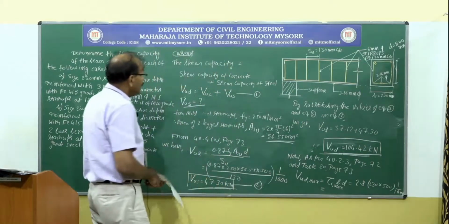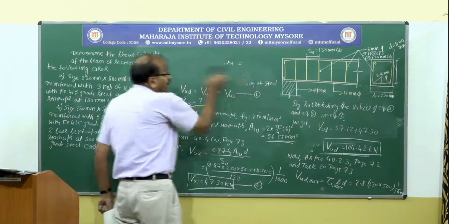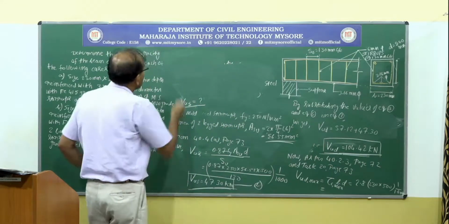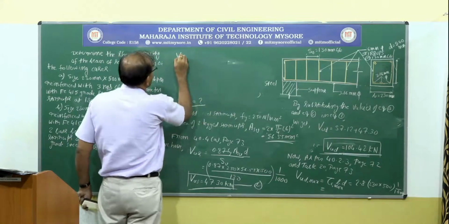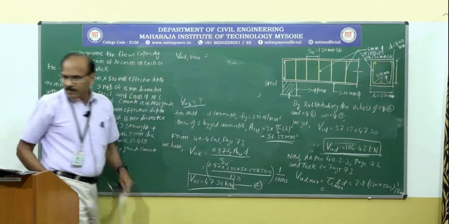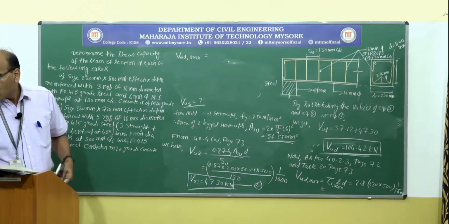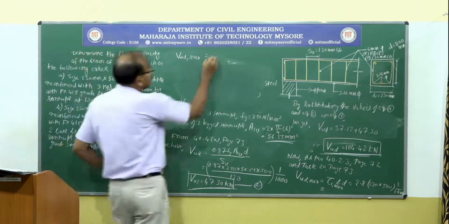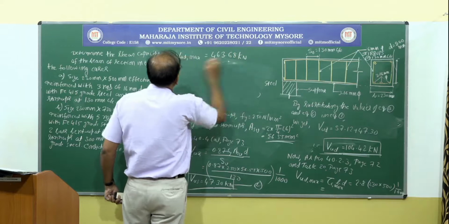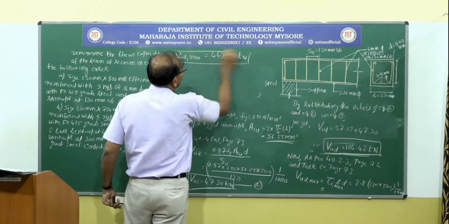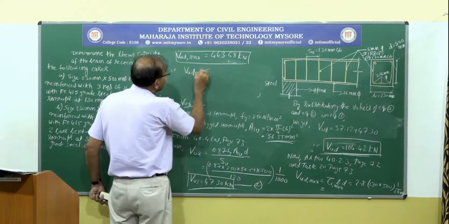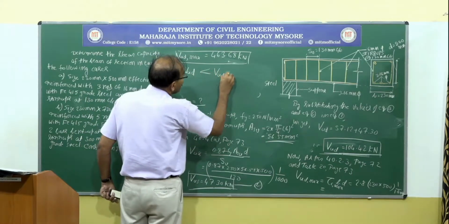So I am going to get the VUD max value equal to 463.68 kilonewton. So that is VUD is less than VUD max.